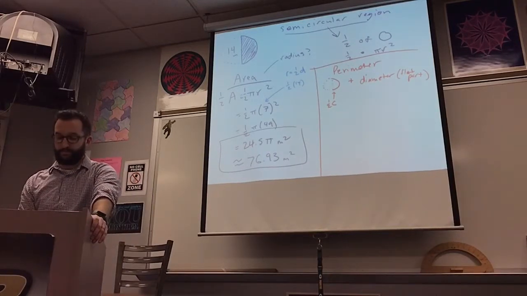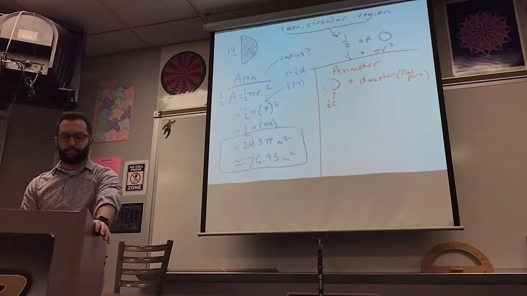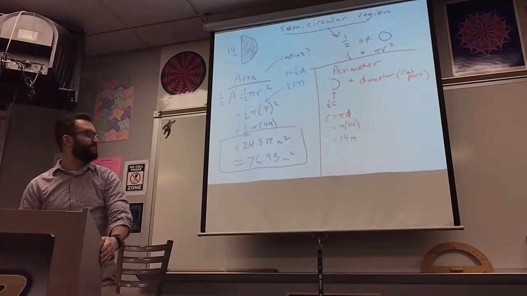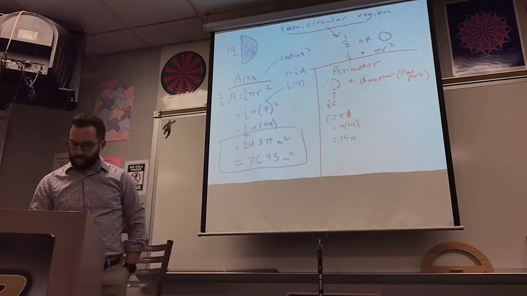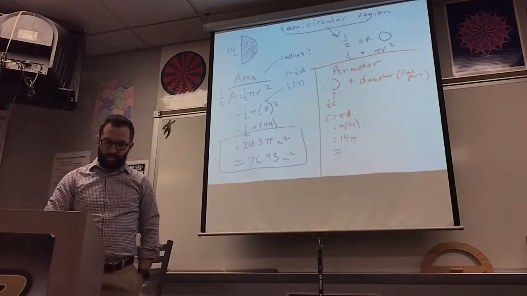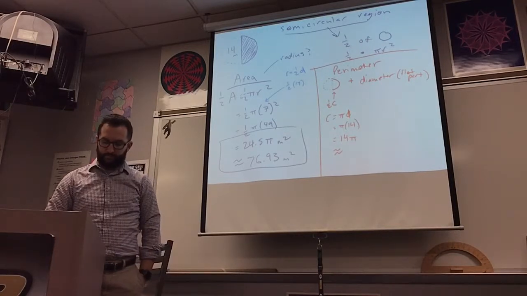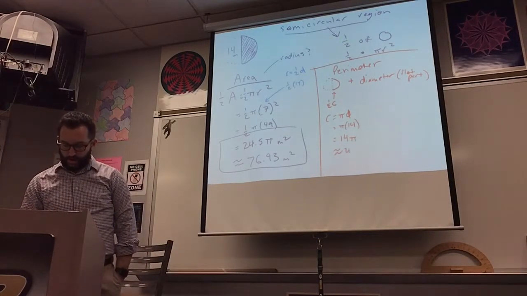So the circumference for this one, let's use pi d. So C equals pi d, or pi times 14, just 14 pi. Pi is 43.96.